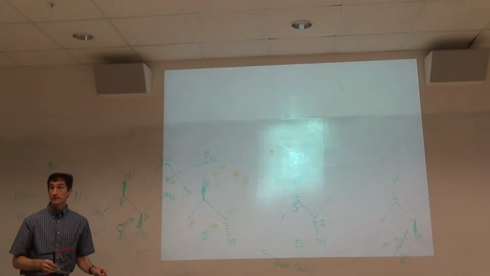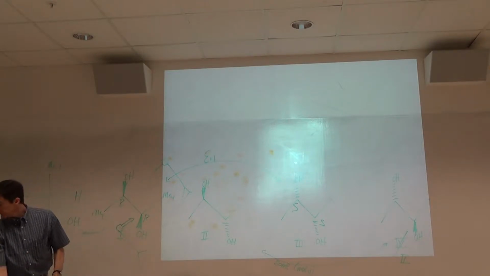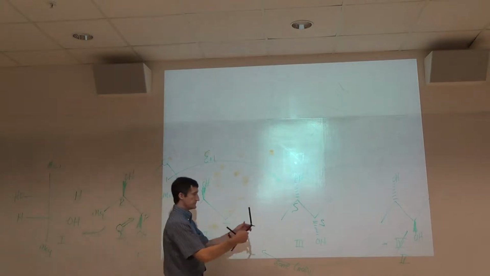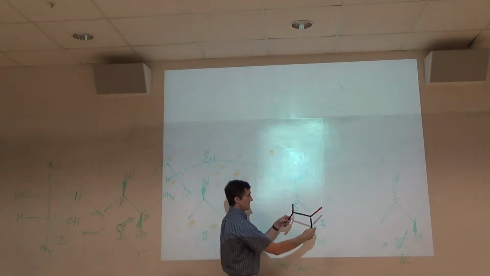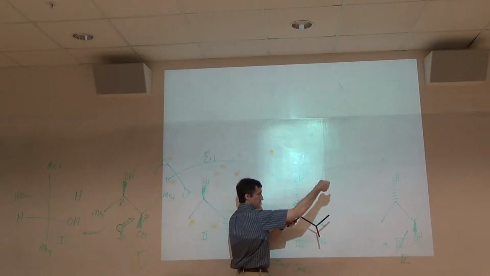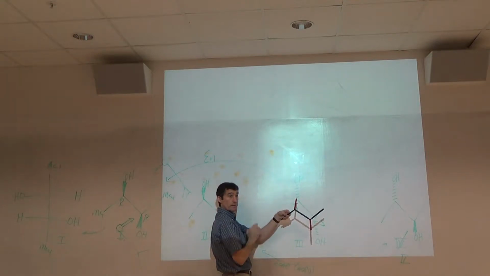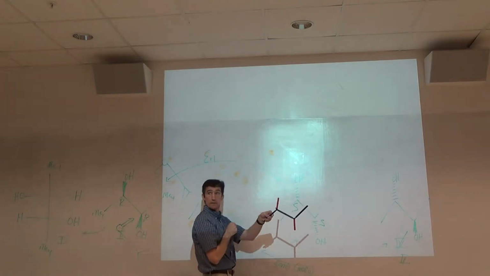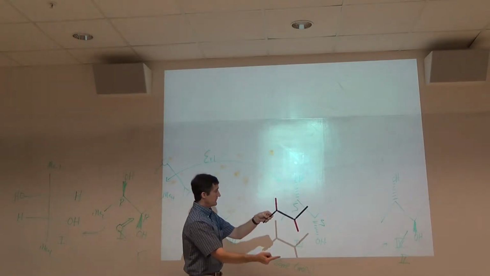Let's build the other one and make sure they're different. There's that one. Pretty sure this is the other one. Zigzag. Boom, boom, boom. There's back. Playing the board. This OH going back. You see how it's going back?